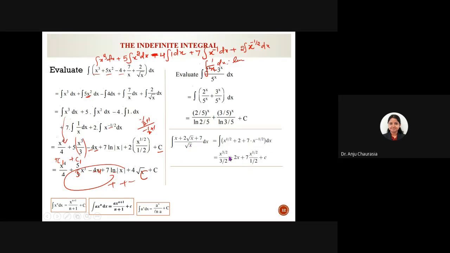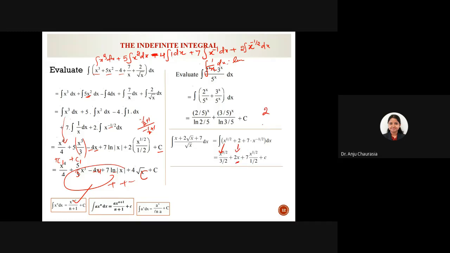Here you can see x raised to 1 by 2, by using this formula x raised to n, and the integral of 1 dx, that is x.